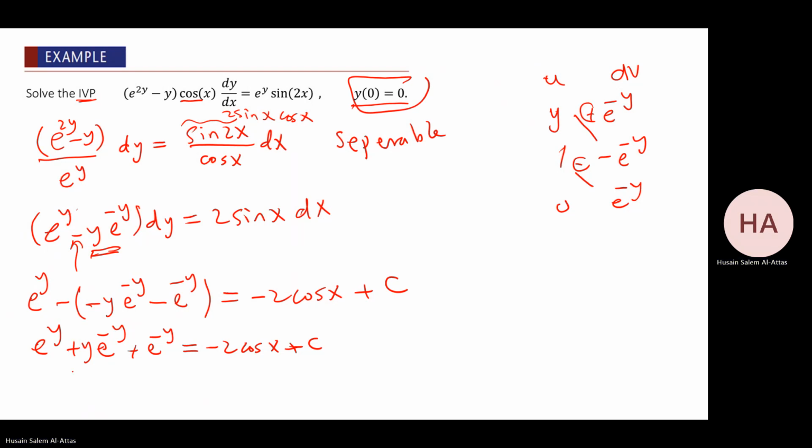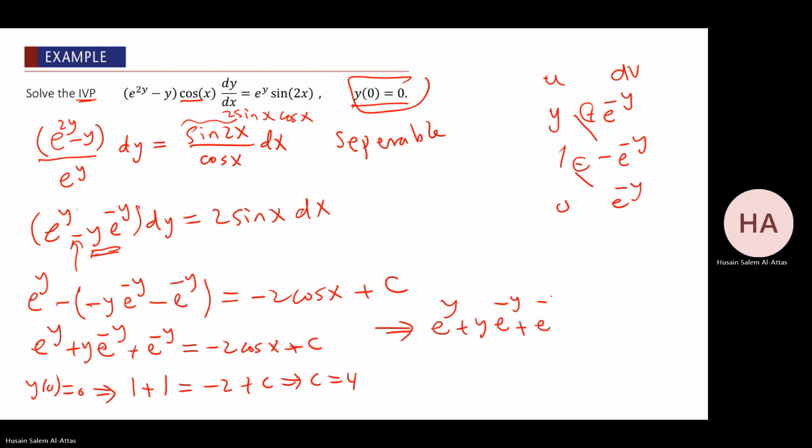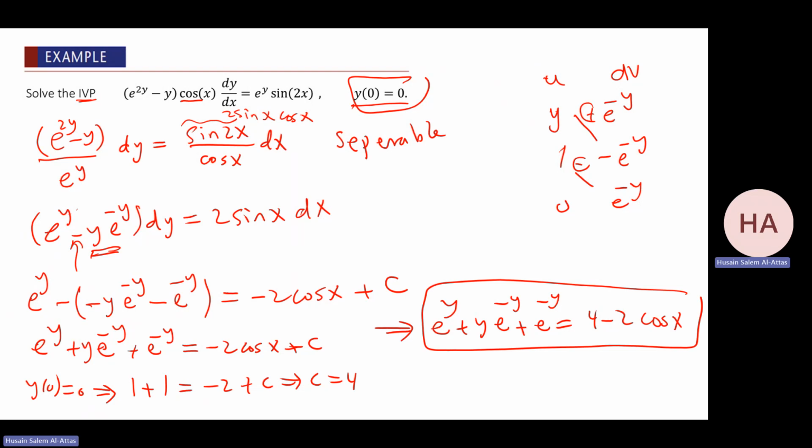Plug in y at 0 equals 0. So I have y at 0 and x is 0. That will be 1, this is 0, plus 1. Cosine 0 is 1. So c is 4. So my solution would be this: 4 minus 2 cosine x.